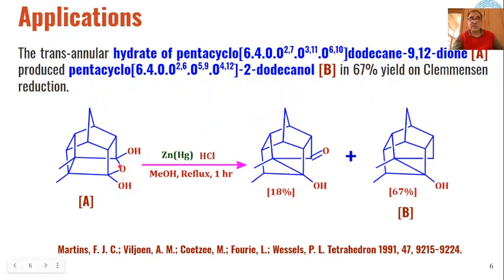When that dione is reacted with water, it will undergo addition of water at both the carbonyls, and this type of hydrate will be formed. And this hydrate on Clemmensen reduction in presence of zinc amalgam and HCl, using methanol as the solvent, when refluxed for 1 hour, can be converted into these two products.